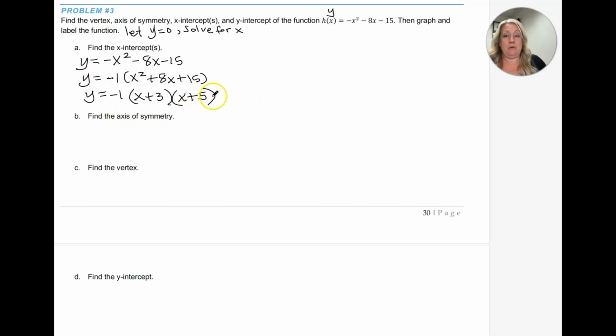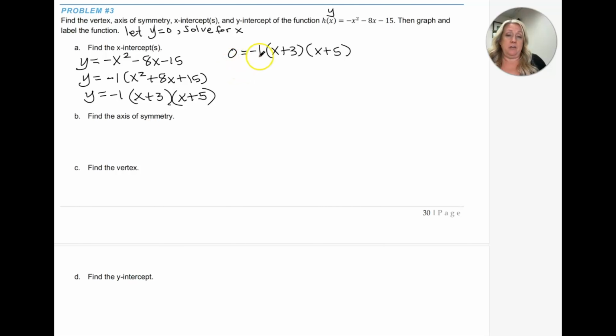All right, now that we have it in factored form, let's go ahead and do what we had here. So we're going to let y equal 0. So in place of that h of x, which I called y, I'm going to have 0 equals, and then I'm going to write it in factored form. And now we're going to use the zero product property to help us find our x-intercepts.